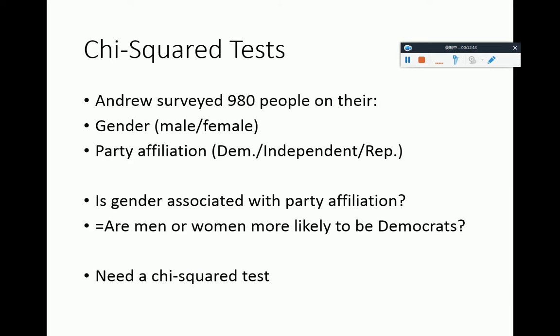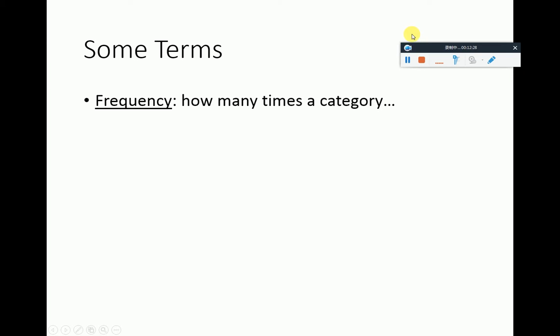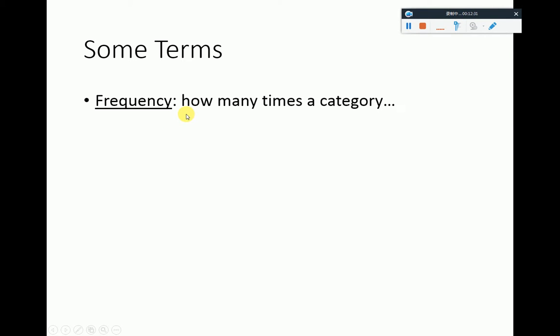So to understand how chi-square tests work, we need to define some terms. First of all, frequency. Actually, this is not a new concept. We have seen it before. In the context of chi-square test, frequency is a count of how many times a particular category, for example women, is observed in this sample, or how many times Republicans are observed in this sample.